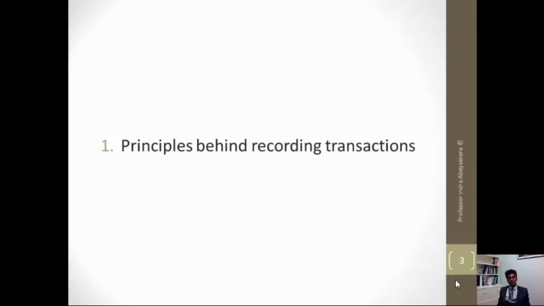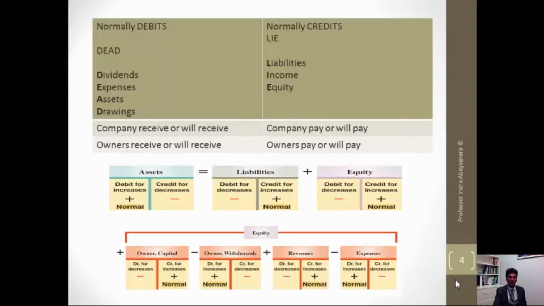In workshop 3, one of our learning goals is to understand principles behind recording transactions. Just to recap, there are debits and there are credits.